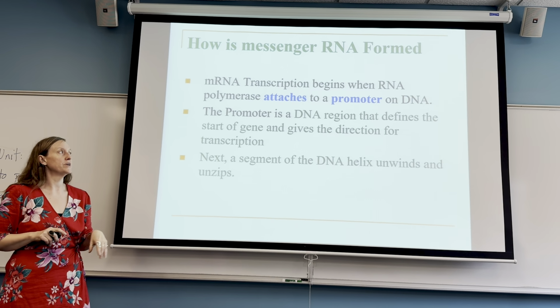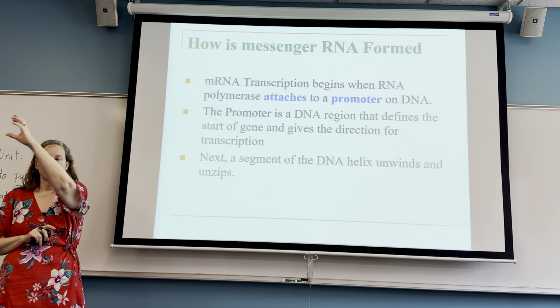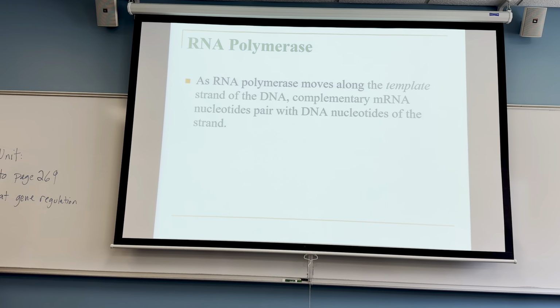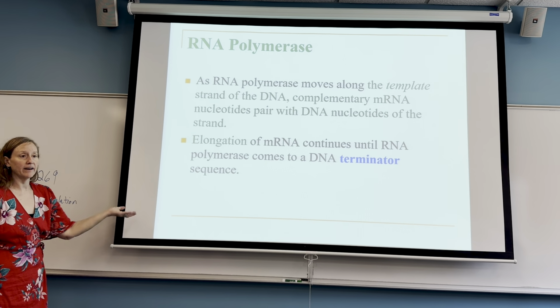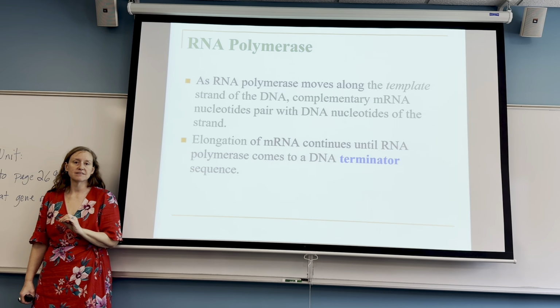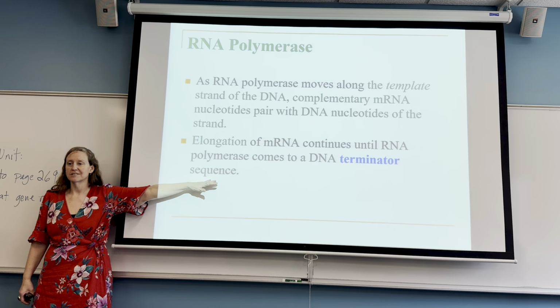And the RNA polymerase, based on information in that promoter, that area of the DNA, it knows I'm going to go on this side because this is the template strand. So RNA polymerase is going to work its way down the DNA, and it's going to add on complementary mRNA bases to the DNA template strand until it gets to a terminator sequence.